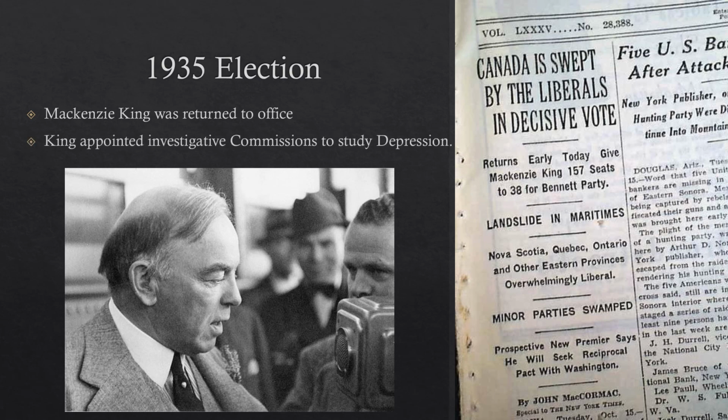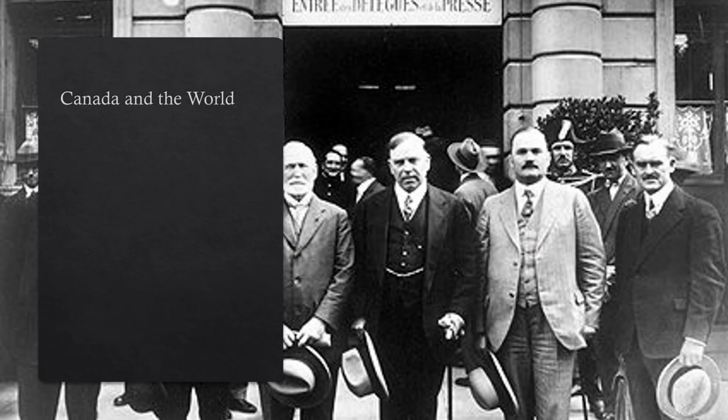King, rather than simply trying new ideas, appointed investigative commissions to study the Depression, so that would get him off the hook for at least a little bit of time. But what really would save Mackenzie King ultimately would be what would save politicians everywhere. The end of the Great Depression would come in just a few years with the beginning of World War II.